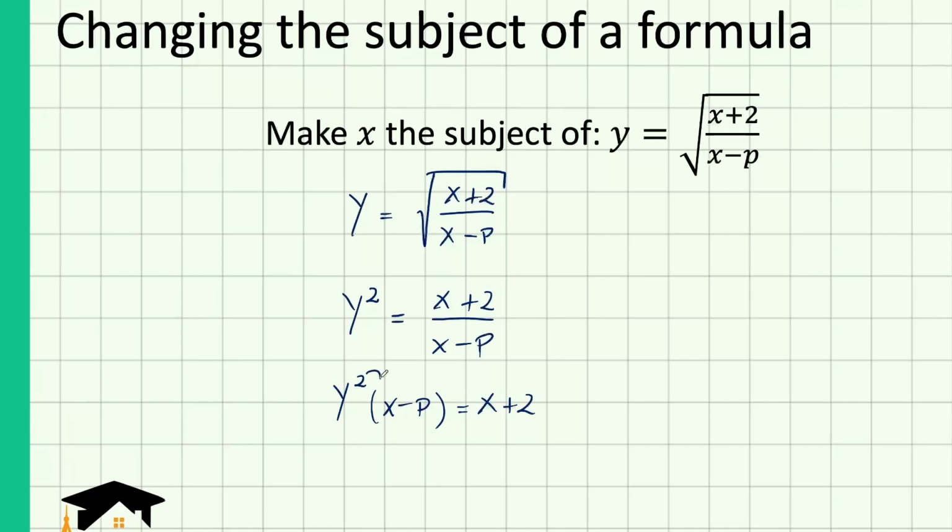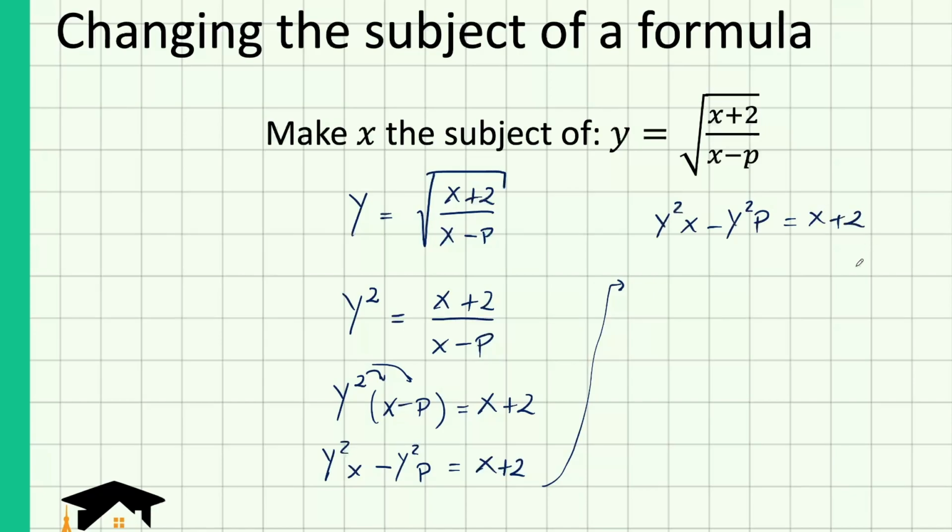So I will do the distributive law here, which will give me y squared x minus y squared p equal to x plus 2. Now let me just continue here. I have y squared x minus y squared p equal to x plus 2.